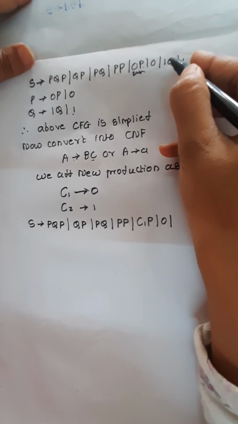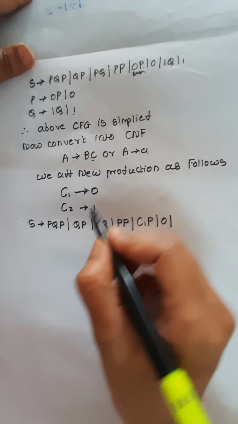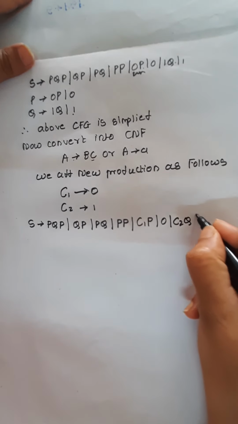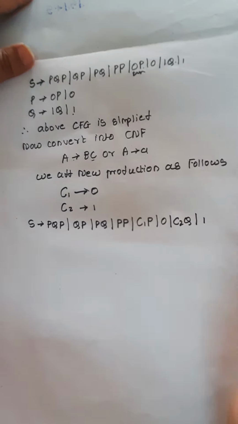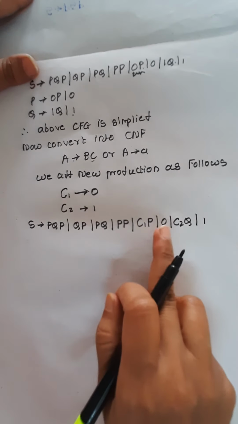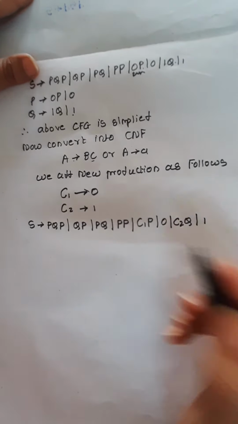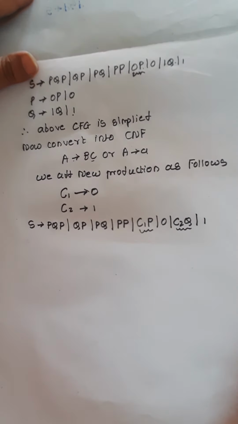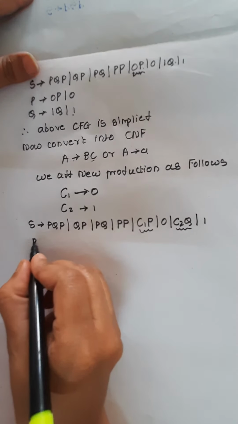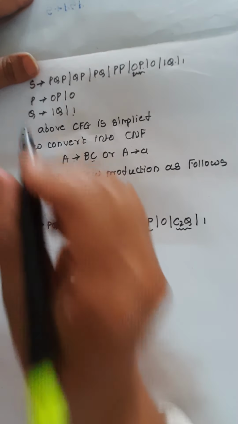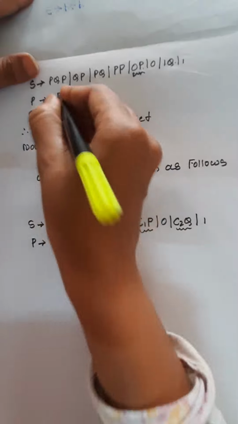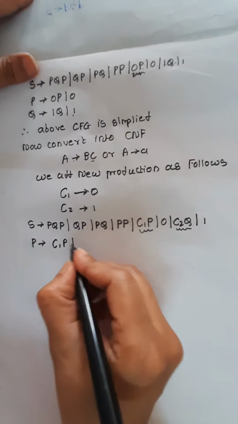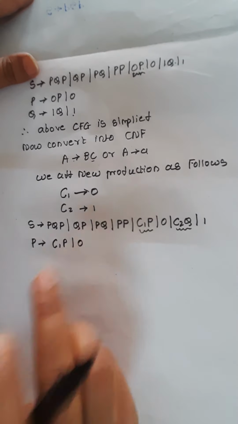Here 1Q is not in CNF. Now instead of 1 we put C2 and this Q as it is and 1 as it is. So now this and this are converted into CNF. I am underlining them. Now take the P. In P's production, instead of 0 put C1, this P as it is, now it is brought into CNF, two non-terminals, single terminal already allowed, so write as it is.